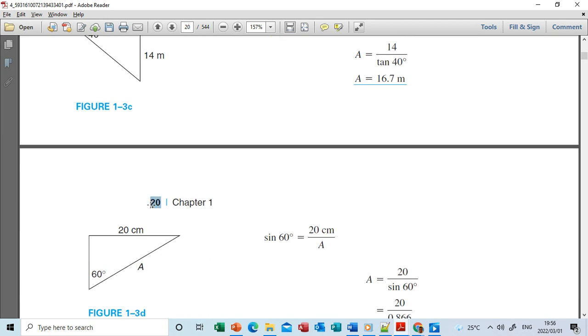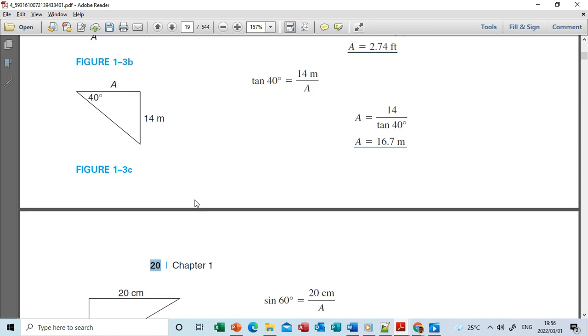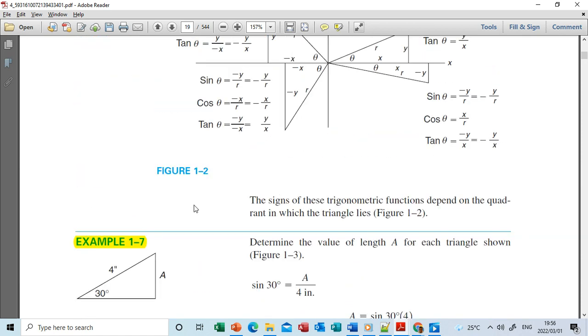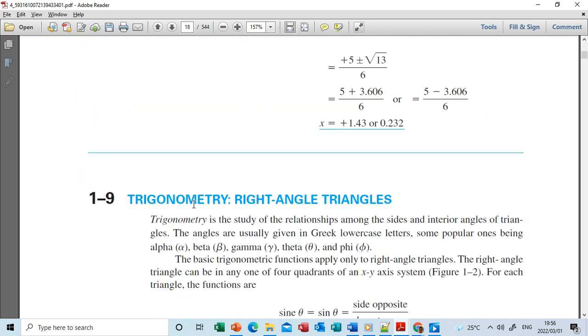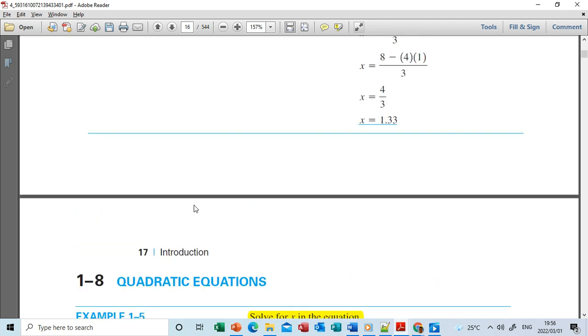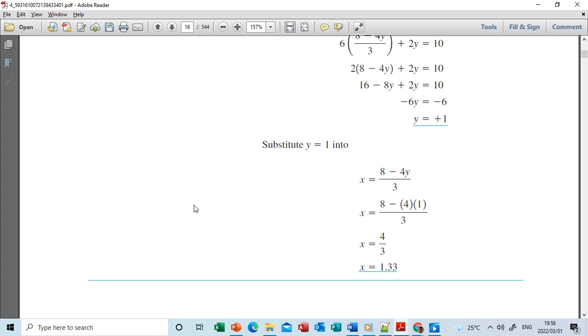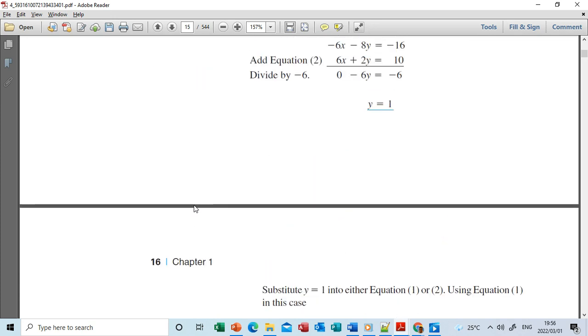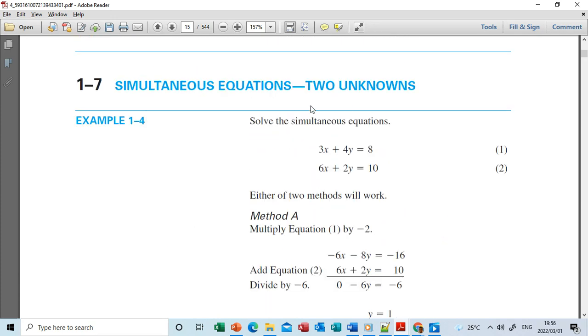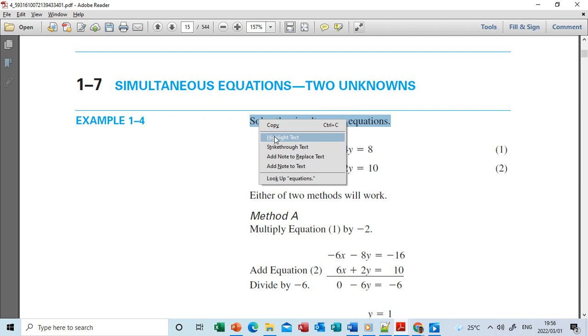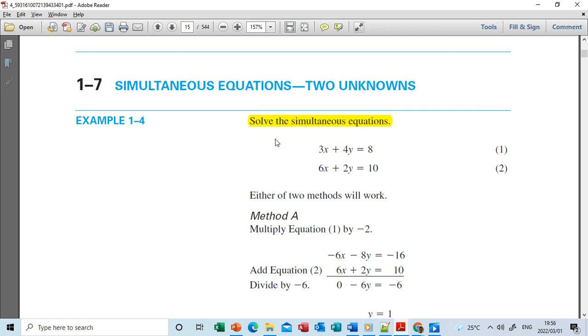My page 20 has simultaneous equations, two unknowns. I think I've passed that one where you've got two unknowns. Let me go to that question. Yeah, we have very different books. It's the same thing but different pages.